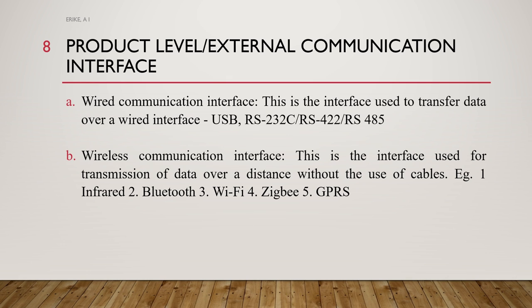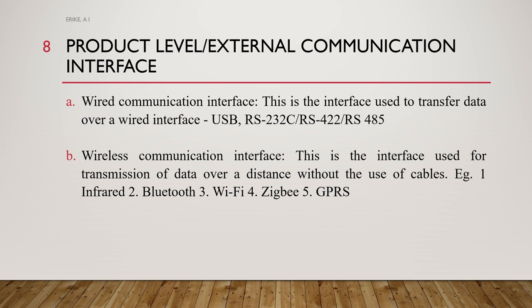Examples of wired interfaces are serial cables, USB cables, and IEEE 1394, which is FireWire. In the wireless communication interface, we have infrared, Bluetooth, Wi-Fi, Zigbee, GPRS, and so on. We are going to be discussing some of these interfaces one after the other.